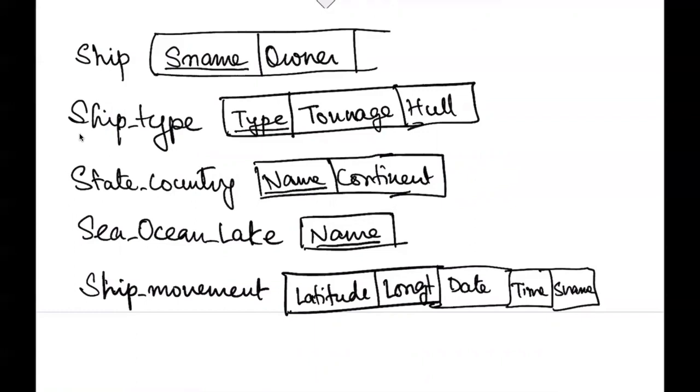The primary key will be the combination of the primary key of the parent relation and the partial key of the weak entity. So date time was the partial key. And with that, we combine S name, which was the primary key of the owner relation, which was ship. So for ship movement, latitude, longitude, date, time, and S name are the attributes.